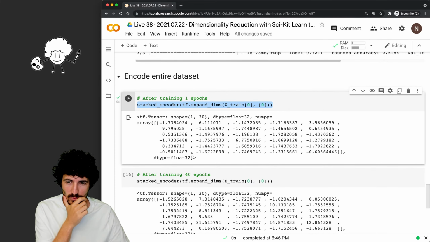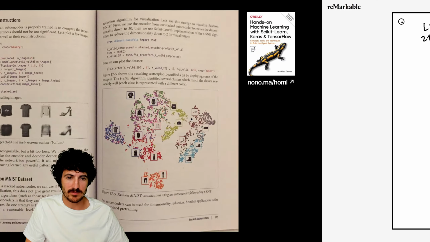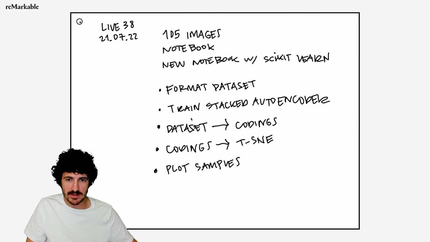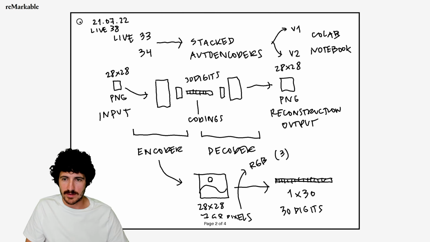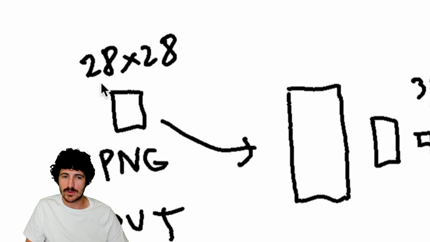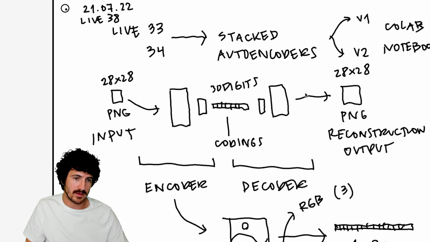And what we have here now are 30 codings, like what we talked about before. Let me see if I can reconnect. Yeah, so we're reconnecting here. So these are those 30 codings. We were talking about a 28 by 28 image that was passing through a network.